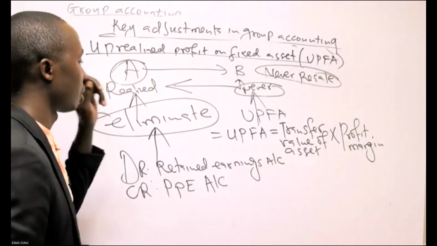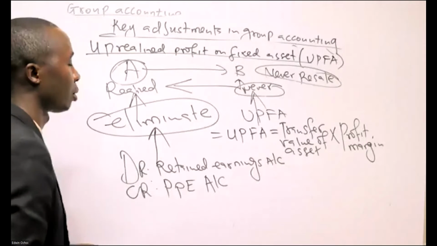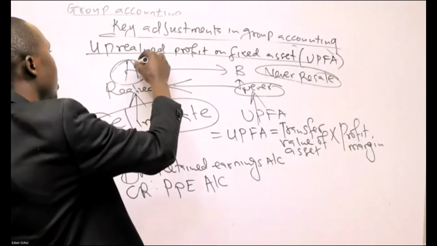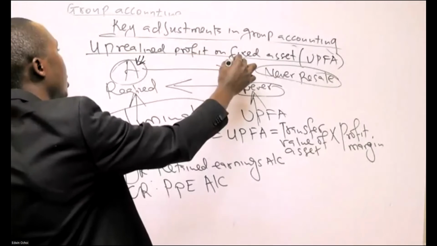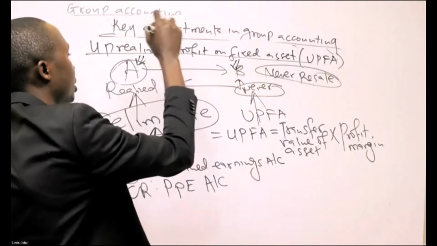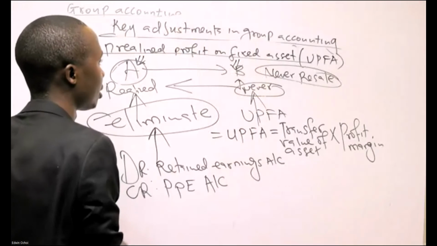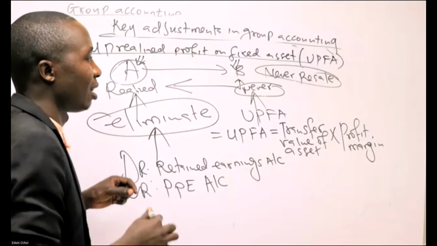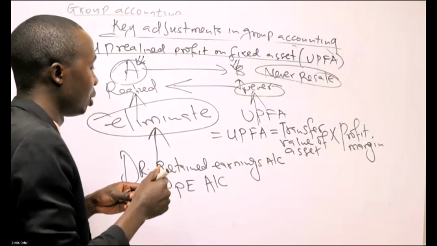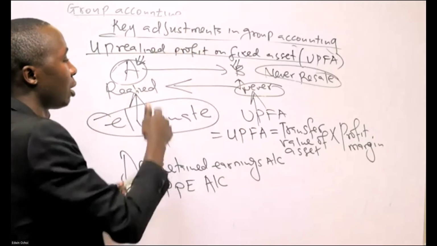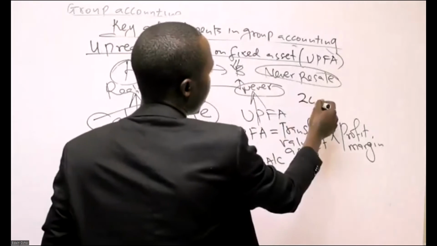there arises something called depreciation overcharge. Because you will be told that when A was transferring this asset to B, he charged depreciation. Again, B receiving that asset, he again charged depreciation. You will be told that the group charged depreciation on the asset at 20%.